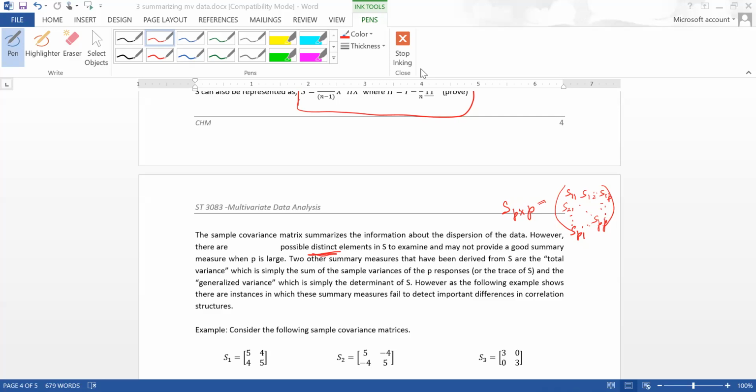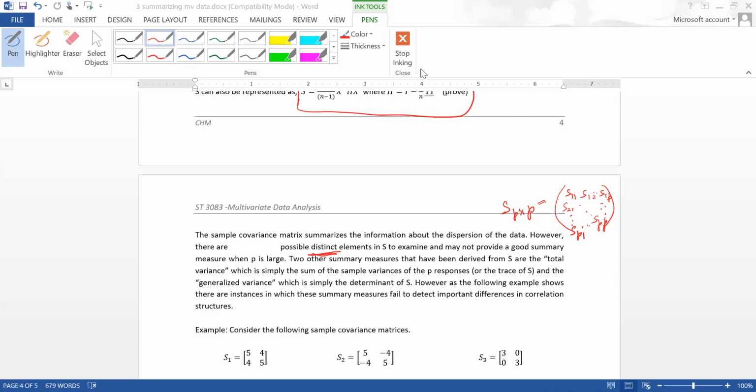In a P by P matrix, how many distinct values? A P by P symmetric matrix, how many distinct values? No, n doesn't matter. We don't care what n is because n doesn't matter here. We have a P by P matrix. No, that's also no. The part is correct.